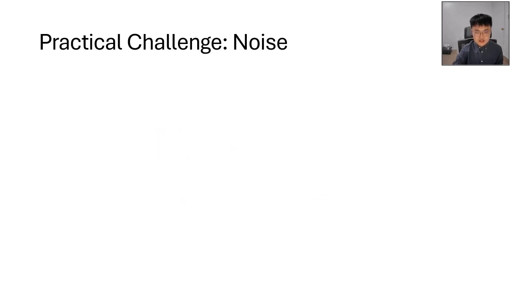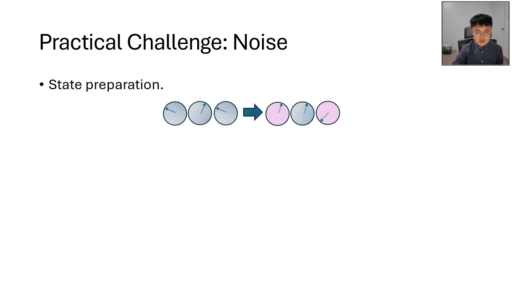In reality, though, quantum computing faces a very important challenge, and this is noise. So, as an example, when you prepare the state, it could end up with a different state than you hope for.